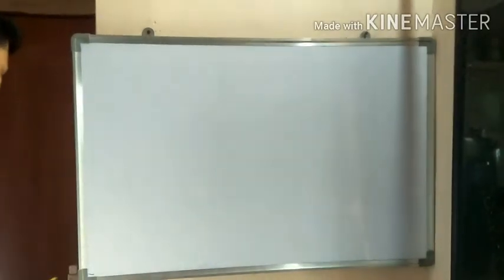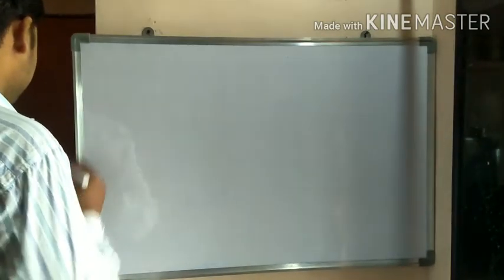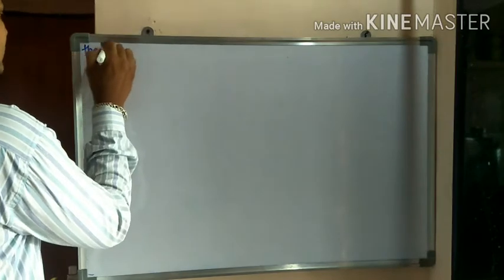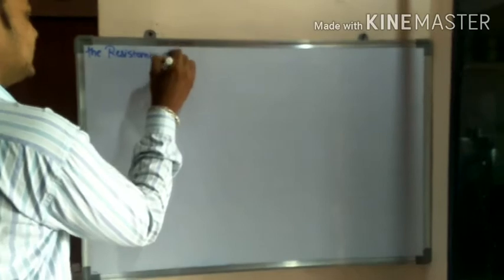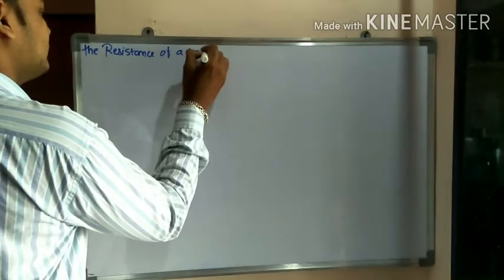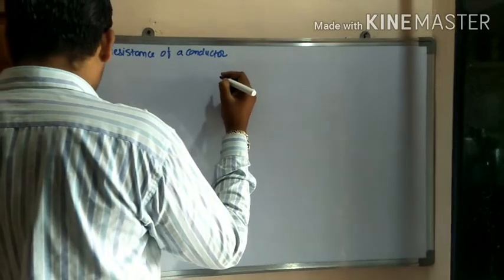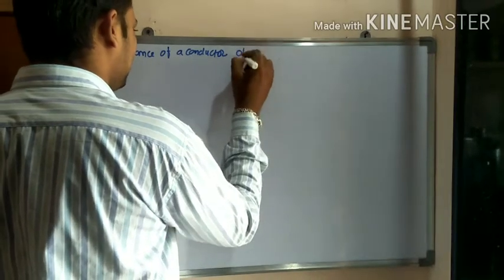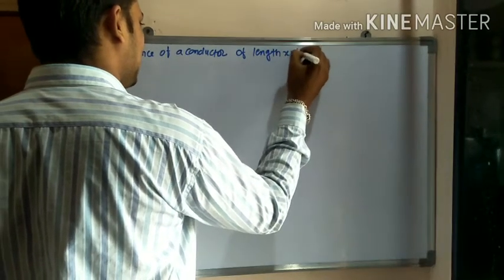To start this, I'm going to write down the numerical, and the numerical is exactly like this: the resistance of a conductor of length x is r.